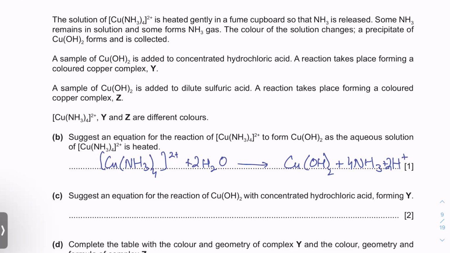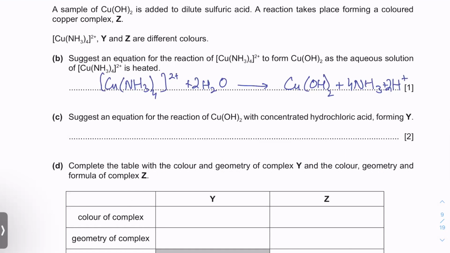Suggest an equation for the reaction of this with concentrated hydrochloric acid. So with hydrochloric acid, we have this with hydrochloric acid, obviously ions होंगे. And they're going to make this copper with 4 chloride वाला ligand.